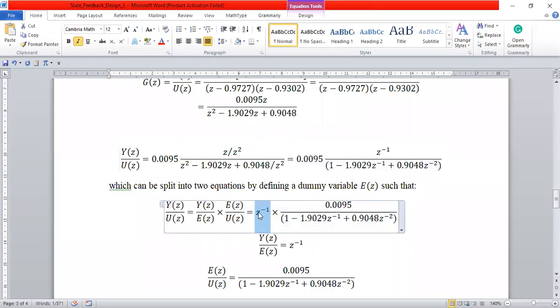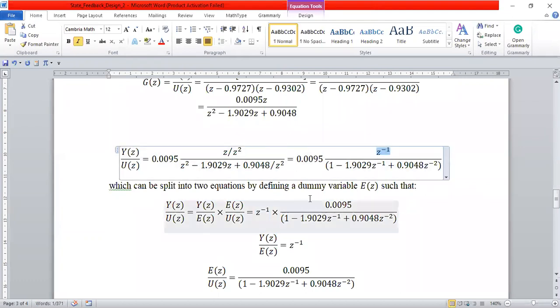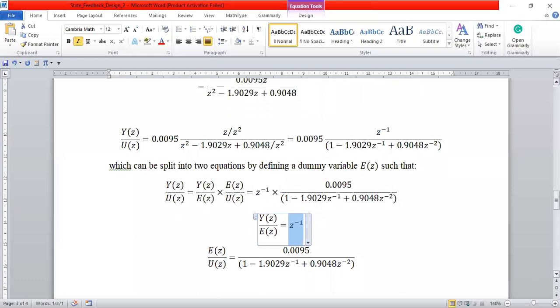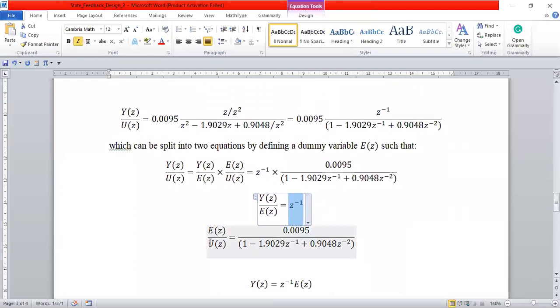The first one is Z minus 1, which is here. Then the second one is all the remaining terms. So now we separated it out. So Y divided by Z is given by Z raised to power 1. Then E of Z divided by U of Z is given by this.